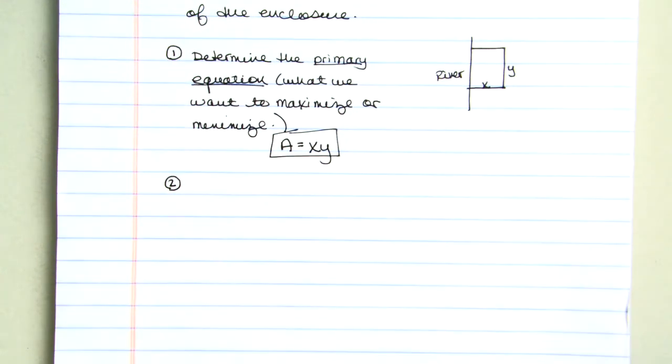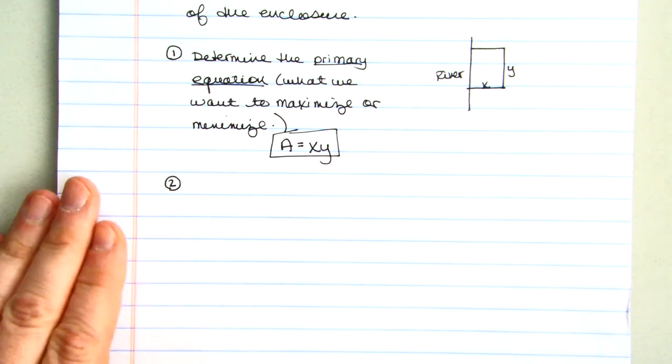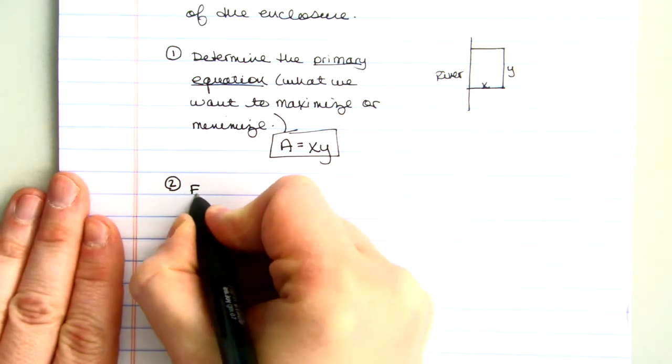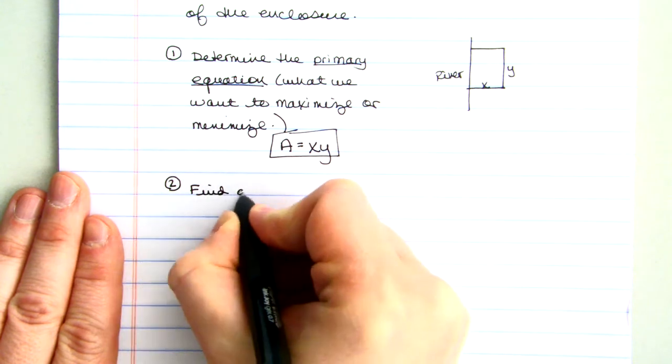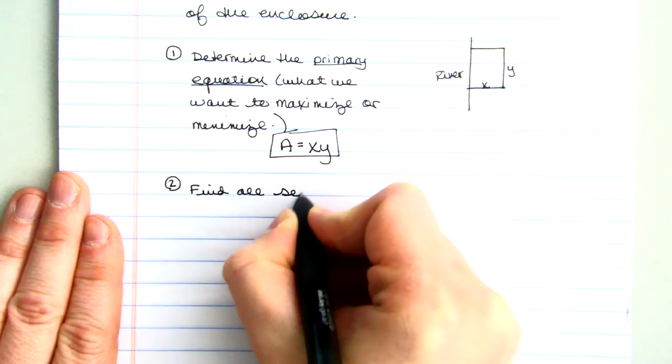We were given a little bit of additional information. We are going to use that additional information to create what we're going to call secondary equations.